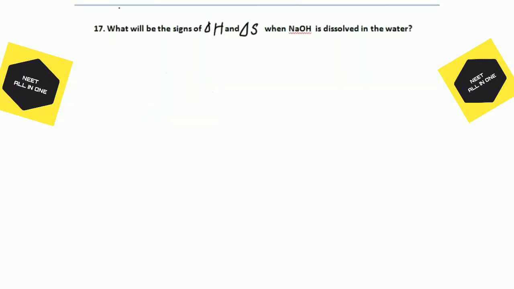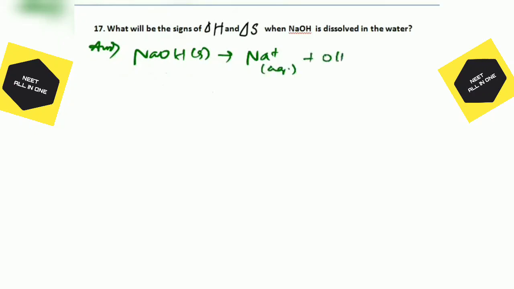So let's see question number 17. What will be the signs of del H and del S if NaOH is dissolved in water? NaOH first will be solid, then it will be Na plus aqueous and OH minus also aqueous. From solid into liquid is happening, so randomness also increases, right?